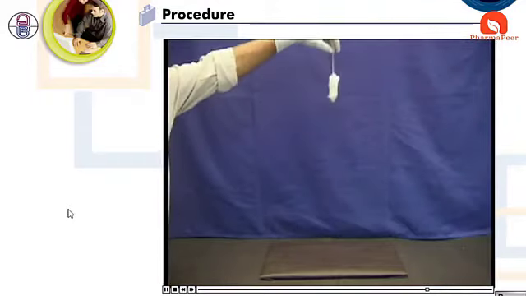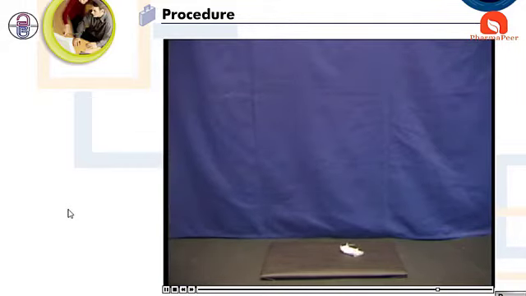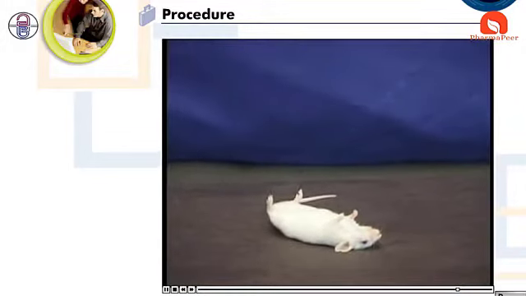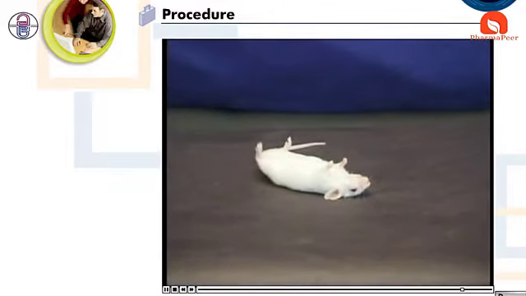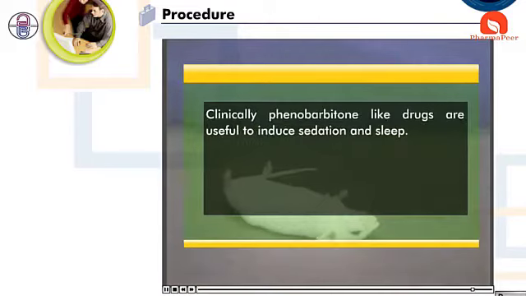Later on, phenobarbital depresses the central nervous system, that is, it produces hypnosis in mice, thus the animal fails to elicit the righting reflex. Clinically, phenobarbital-like drugs are useful to induce sedation and sleep.